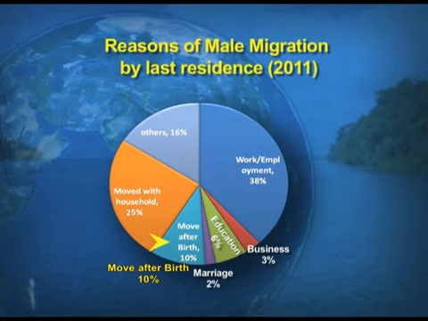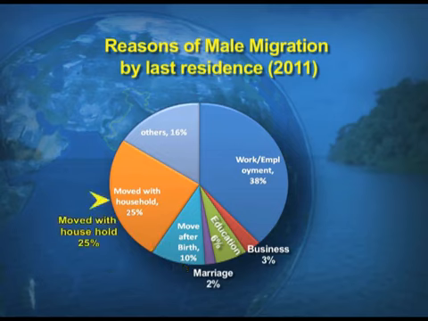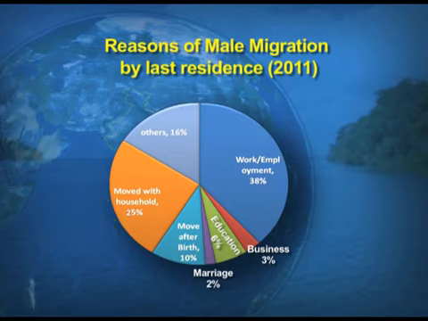So, that is the change of residence in that case. 25% is when they move with the households. Households means the whole family shifts. It is not a single movement of a male person, but the whole family movement, that counts for 5% of the migration.